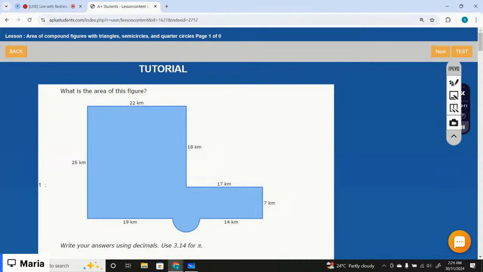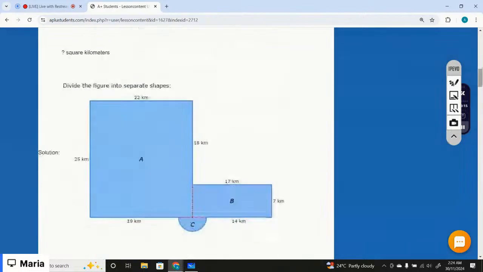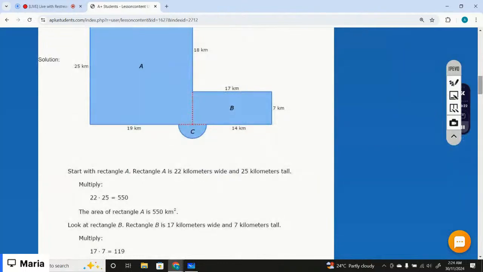So that is the compound figure. Divide the figure into smaller portions and calculate, here like this A, B, and C. Now calculate the area of all three figures. A and B are rectangles and C is the semicircle. Calculate the area of both the rectangles and the semicircle.